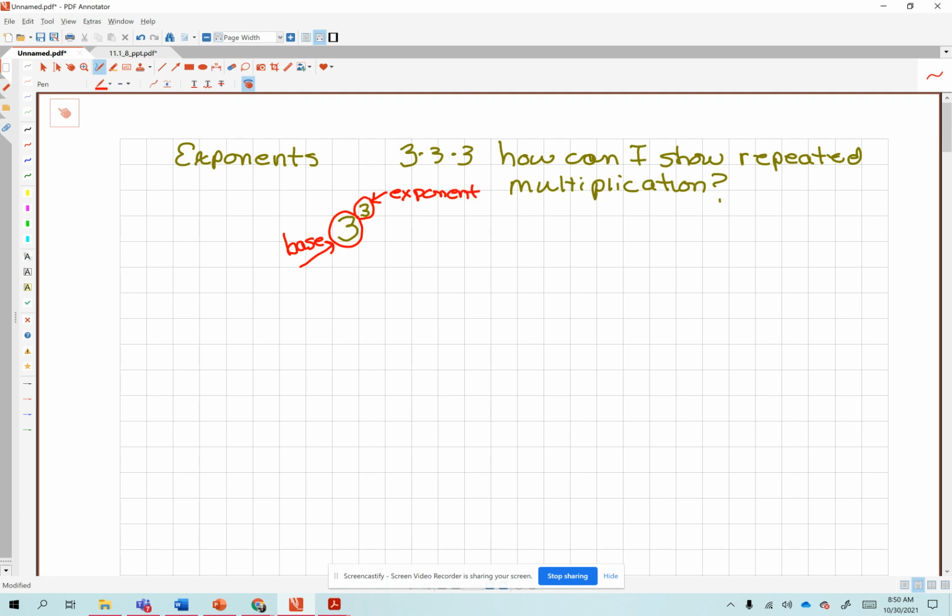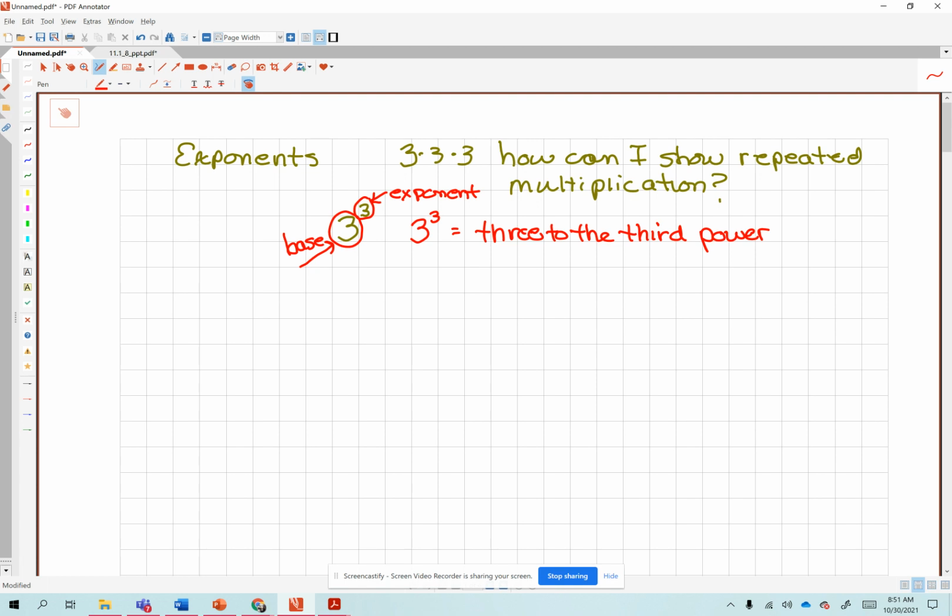And the exponent tells us how many times the base is repeated. So if I have 3 to the third power, and that's how we say it, we say 3 to the third power. Let's write that down. So we call that 3 to the third power.